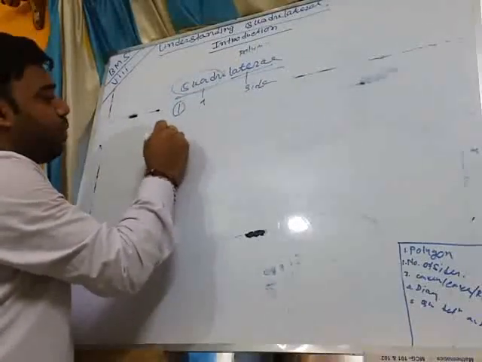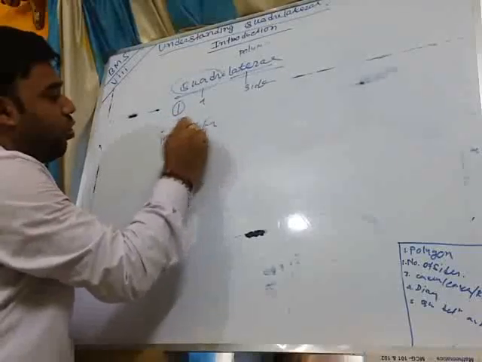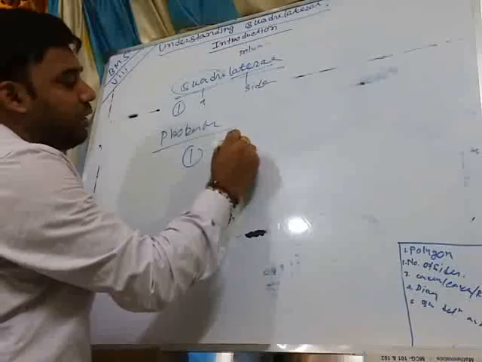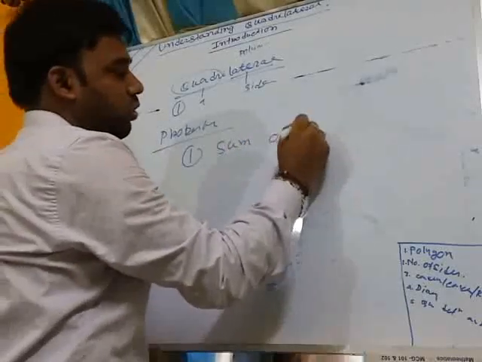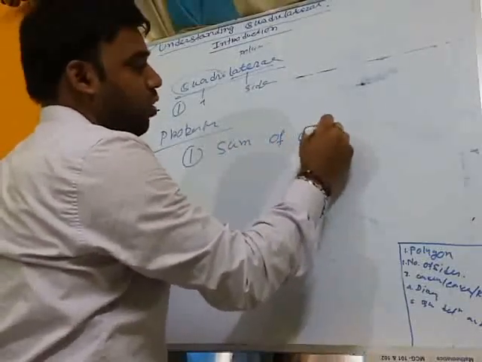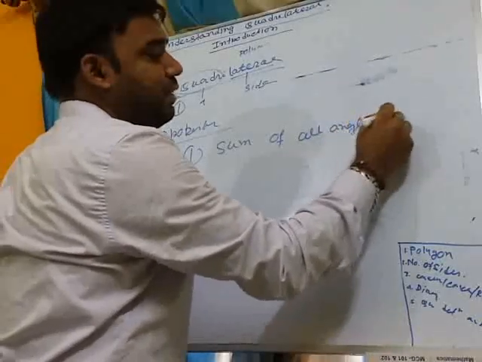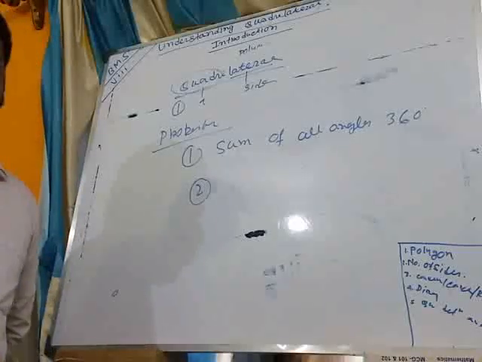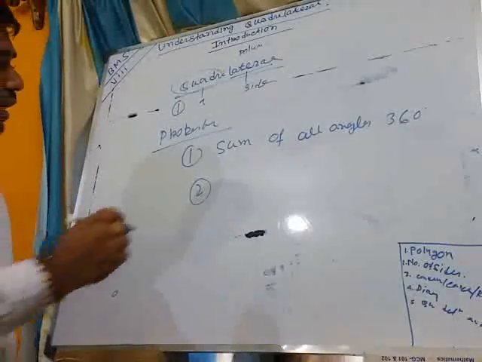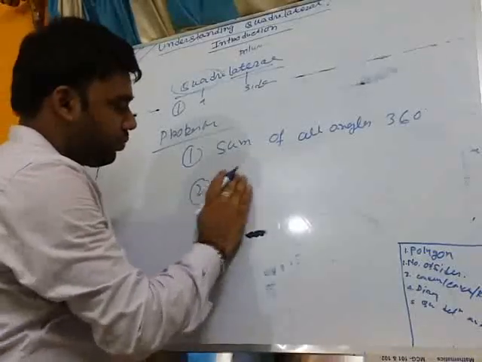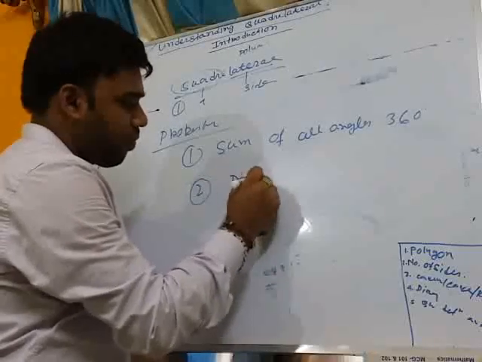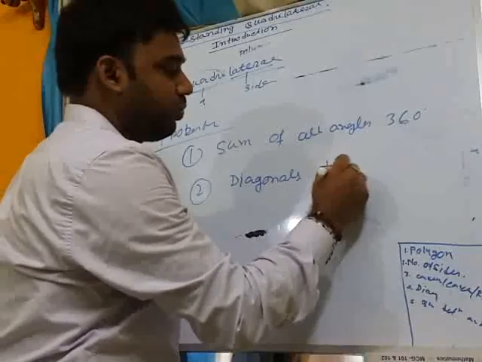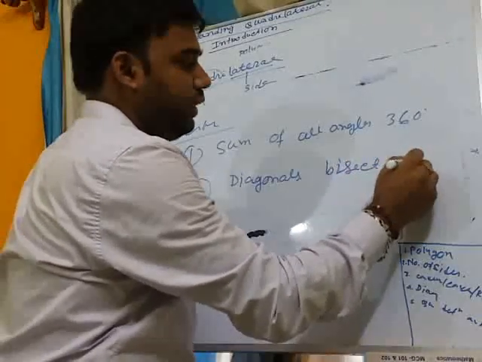we will discuss the properties of a quadrilateral. First, the sum of all interior angles is 360 degrees. And diagonals bisect each other.